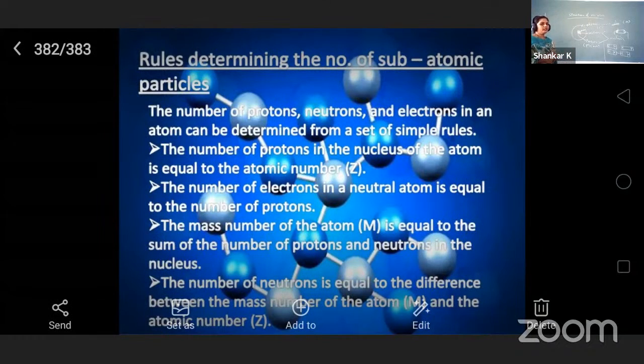The mass number of the atom is equal to the sum of the number of protons and neutrons in the nucleus. The number of neutrons is equal to the difference between the mass number of the atom and the atomic number.